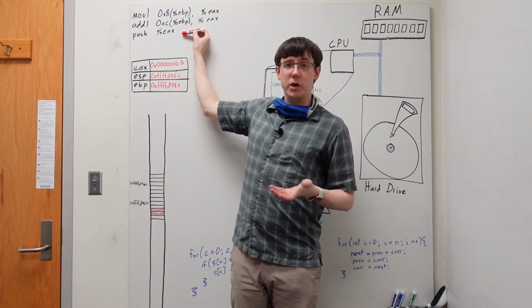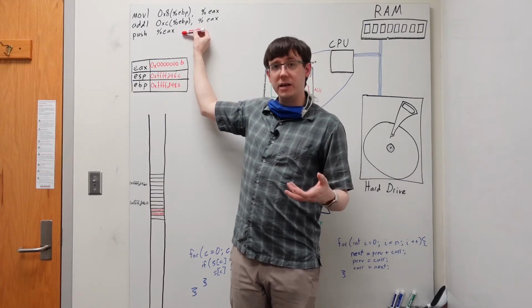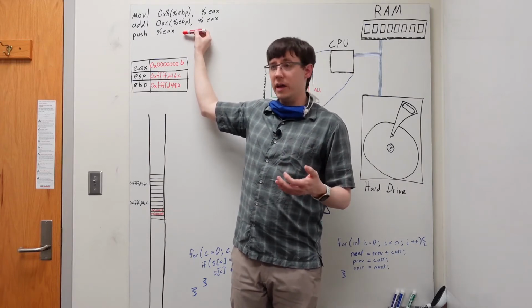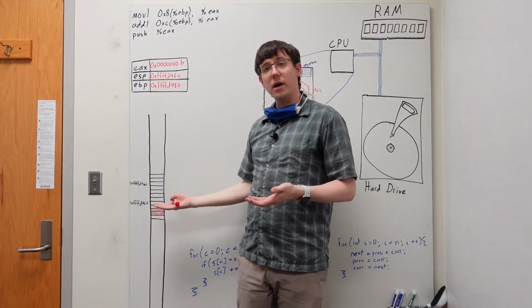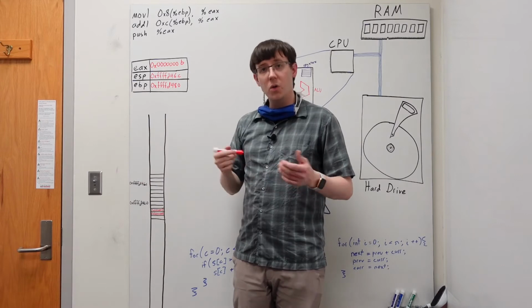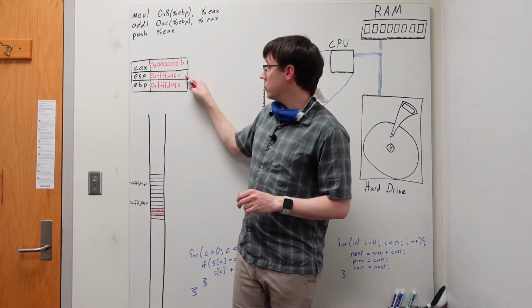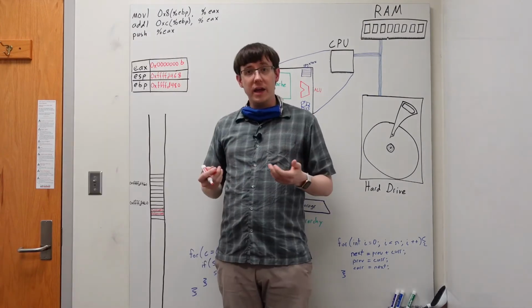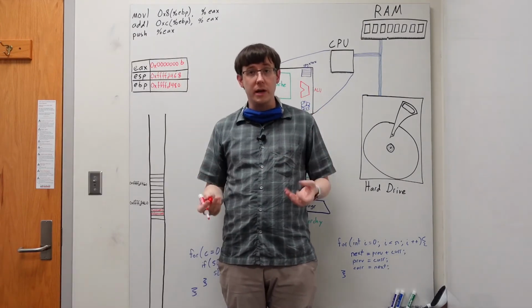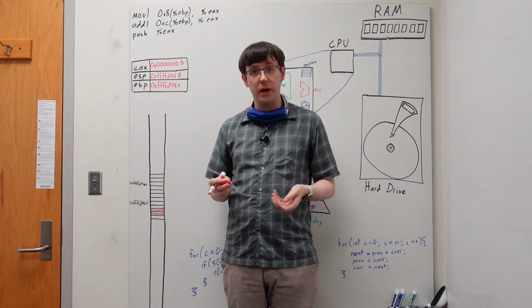If our next instruction is to push the value in EAX onto the stack, then we are taking this value and putting it on top of the stack. When we do that, we subtract 4 from the stack pointer, and then we store the data at that location in memory.